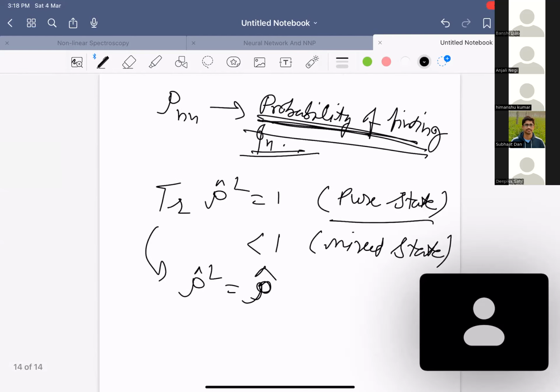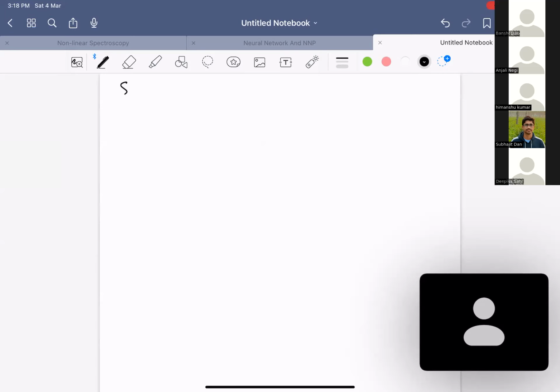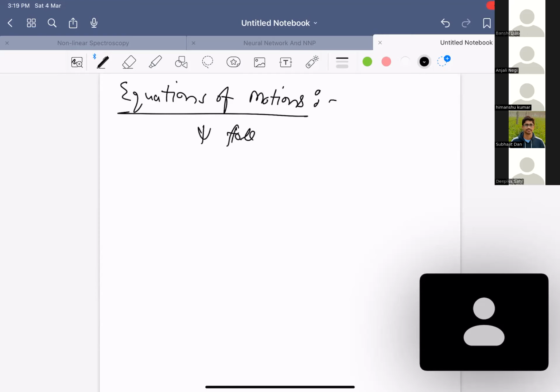Now let's see the equation of motion. Suppose our wave function psi follows Schrodinger's equation.